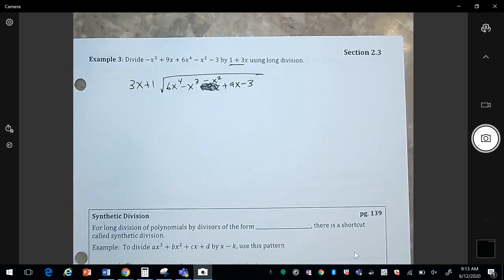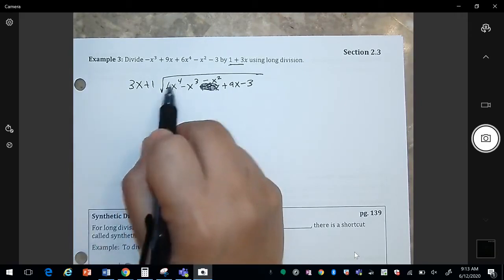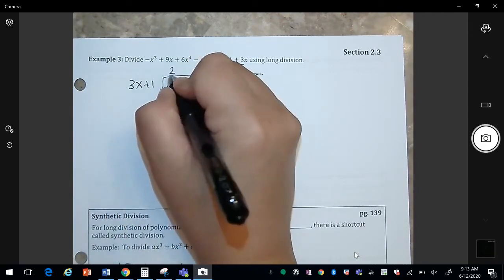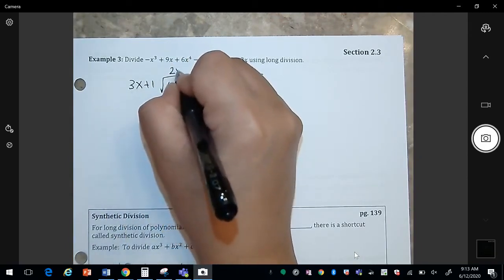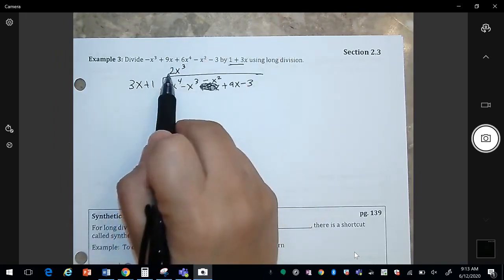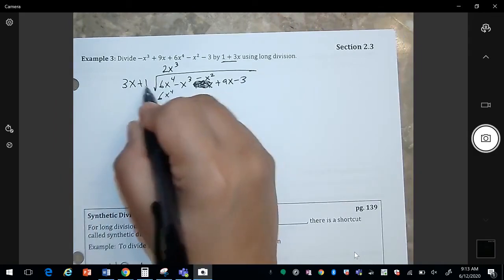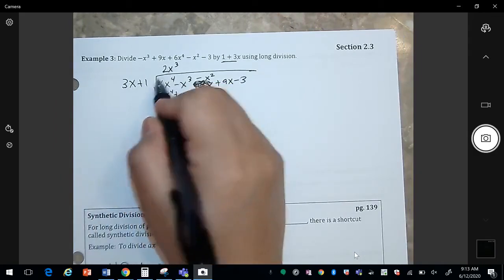Okay, so I'm going to start the problem and then we'll go from there. So 6x to the 4th: 3x goes into 6x to the 4th. That would be 2x cubed. 2x cubed times 3x is 6x to the 4th, plus 2x cubed.